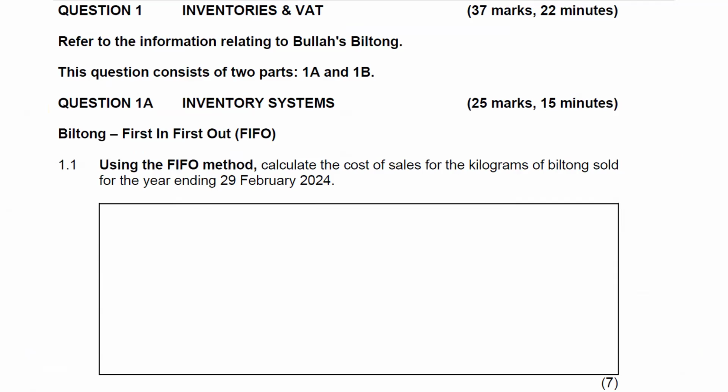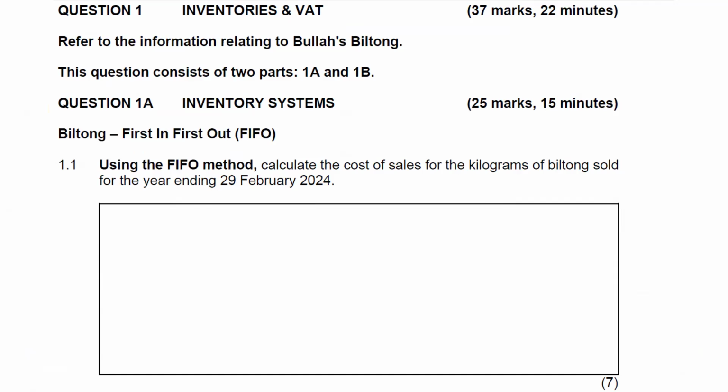We need to use it to actually calculate cost of sales. Remember what I said cost of sales is? Cost of sales is the cost of goods that have been sold, for the kilograms of biltong sold for the year ending 29 February 2020.